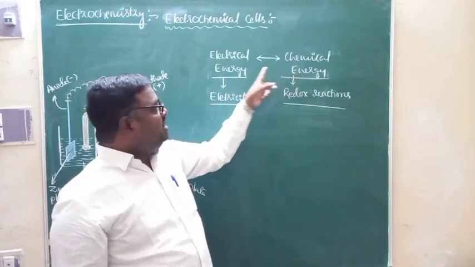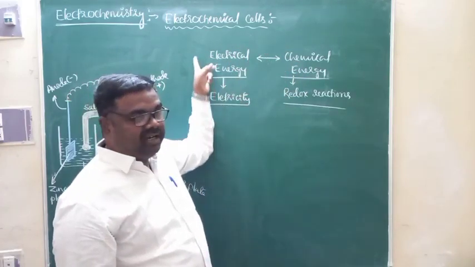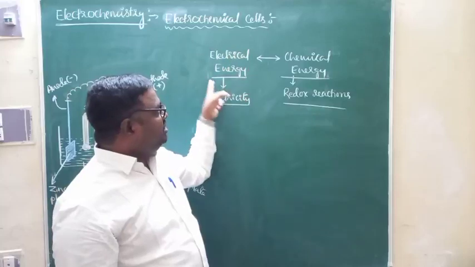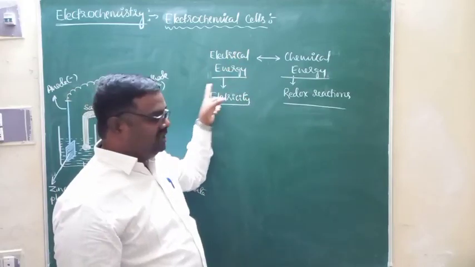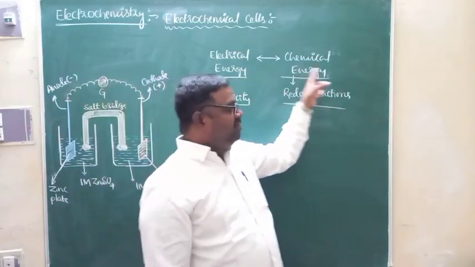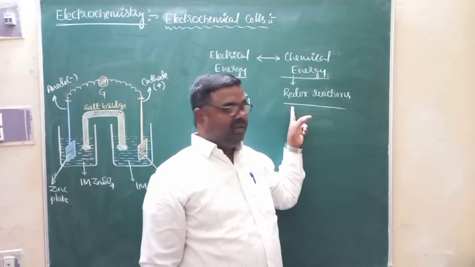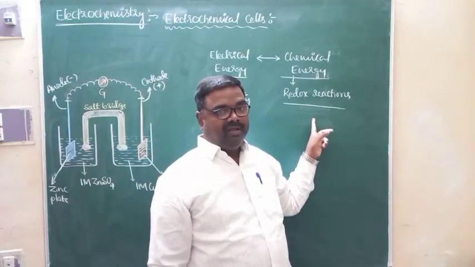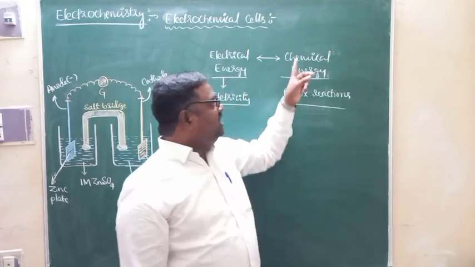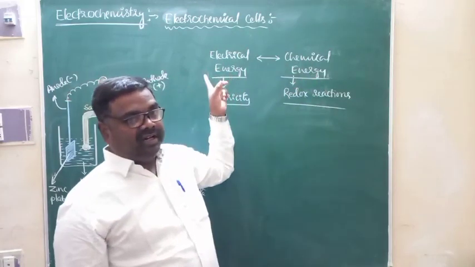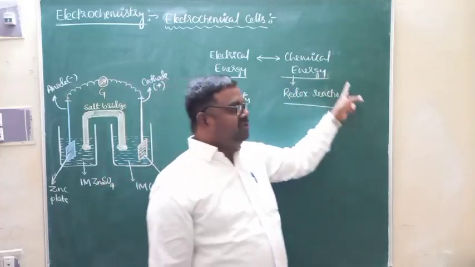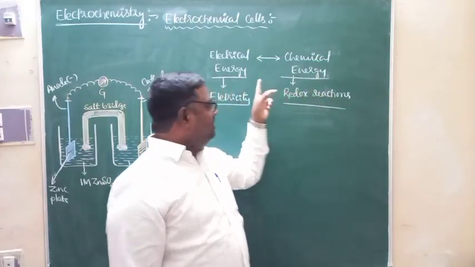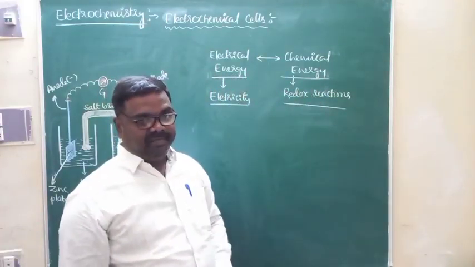That means I can make use of this electricity in order to perform redox reactions. At the same time, I can convert chemical energy into electrical energy, means I can make use of these redox reactions in order to generate electricity.